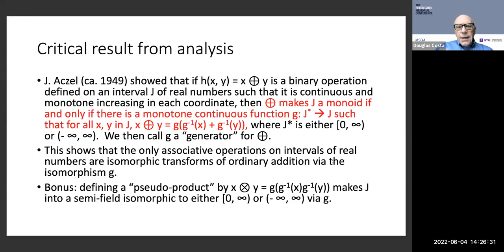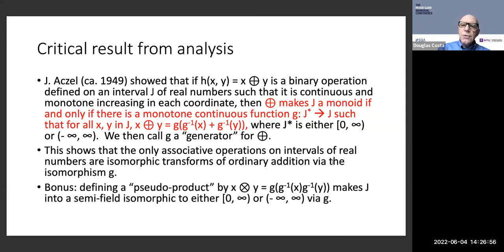Now I want to bring in a critical result from analysis. Aczel in around 1949 showed that if in general you have a binary operation defined on an interval of real numbers, and it has the properties that it's continuous and monotone increasing in each coordinate, then it's associative if and only if it has a generator.